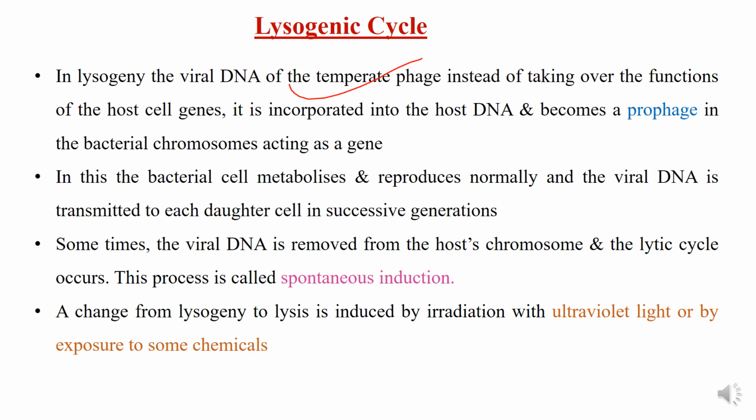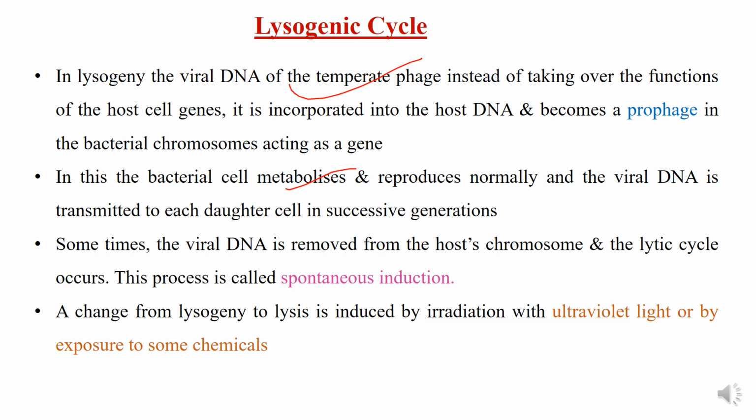In this stage, the bacterial functions are not disrupted. The bacterial cell metabolizes and reproduces normally, and the viral DNA is also transmitted from the host, the mother bacterium, to each daughter cell in successive generations.